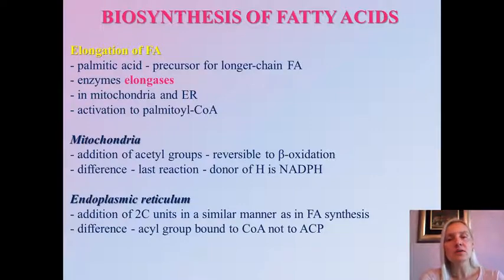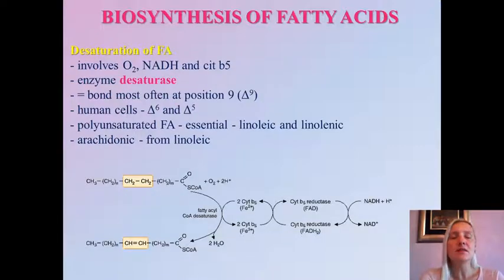Our body also needs some unsaturated fatty acids. So desaturation of fatty acids involves molecular oxygen, NADH coenzyme, and cytochrome B5. This desaturation is completed by the enzyme desaturase, and the double bond is most often formed at position number 9.